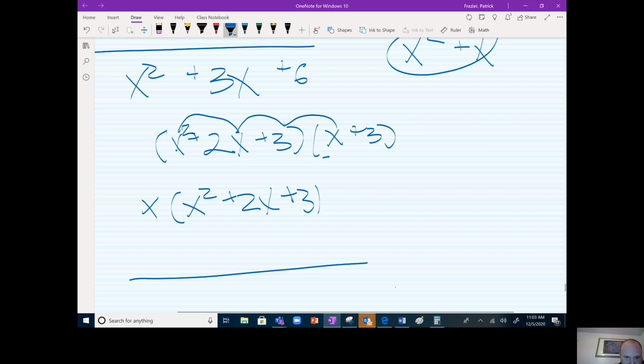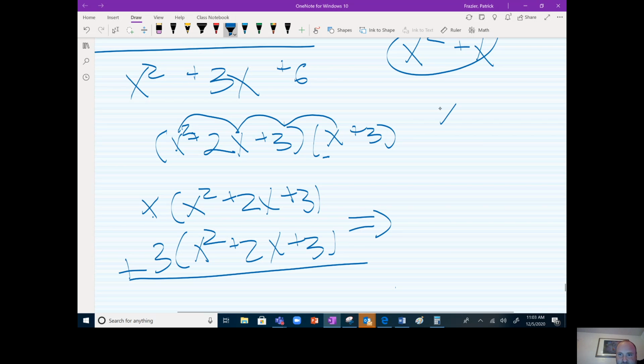And then we're going to add that to 3 times x squared plus 2x plus 3. So then that whole thing is going to equal, well, first x times x squared. That's really just x. X squared is x times x, and x is just an x, so that's x times x times x, which could be rewritten as x cubed.